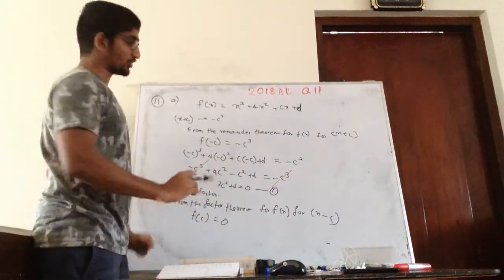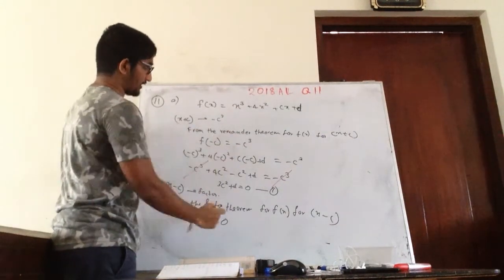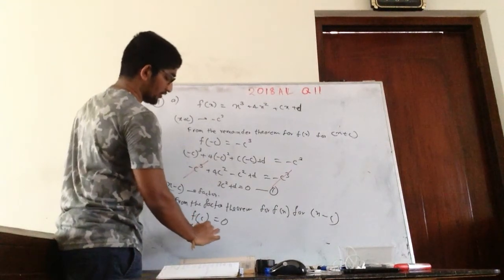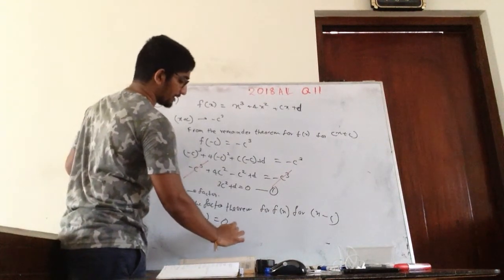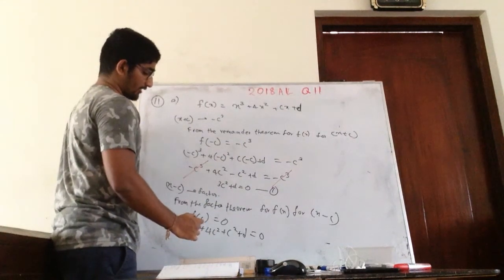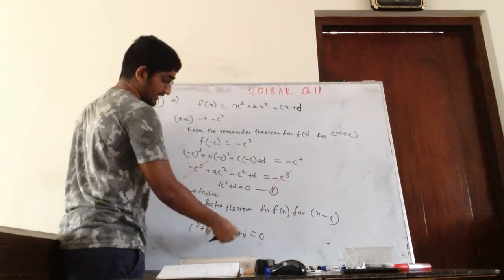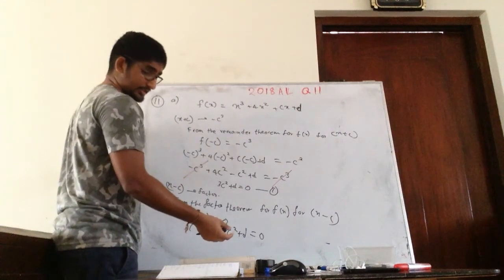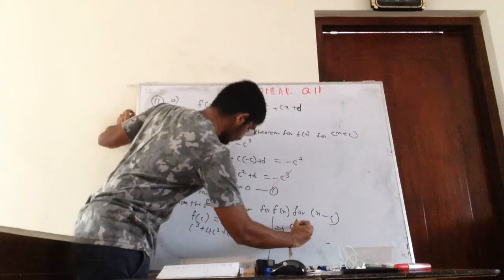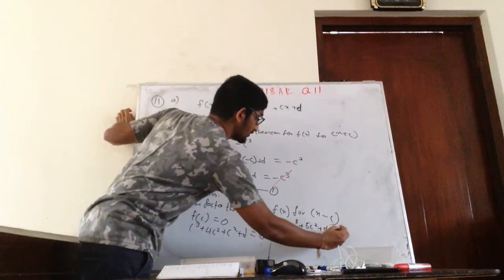So that is the direct use of the factor theorem. So now if I take c here, I get c cube plus 5c squared plus d equals 0.